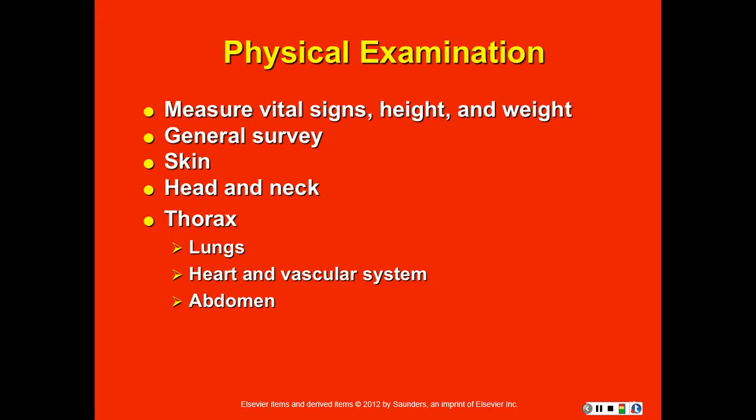If you have somebody who's having problems with their blood, what kind of changes to their vital signs do you think you will see? Low blood pressure, okay, so hypotension. Increased heart rate, so tachycardia.